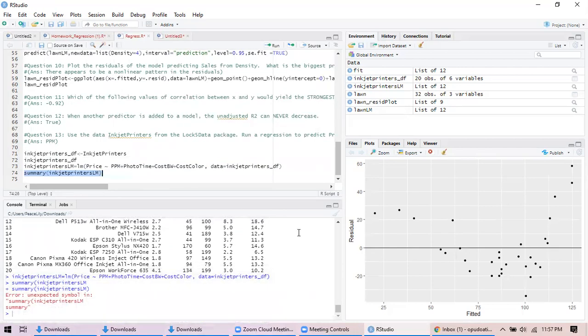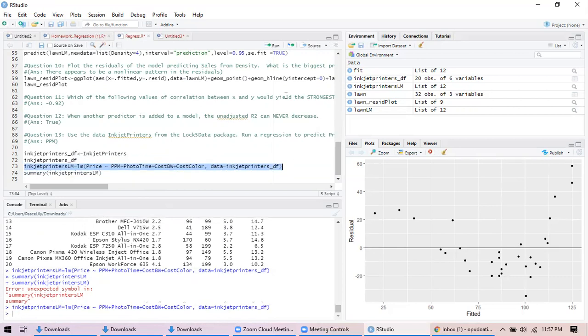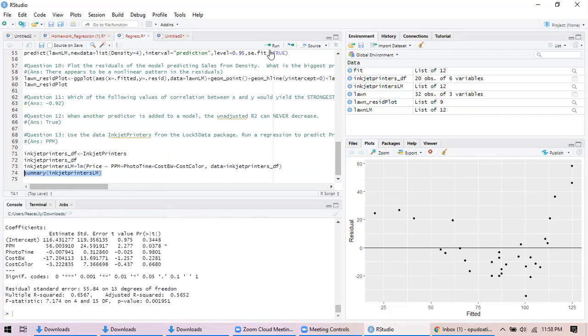Run 73 first. And then run 74. There you go. Sometimes R does this stupid thing where there's a bug there.